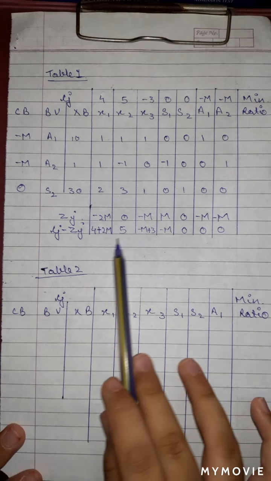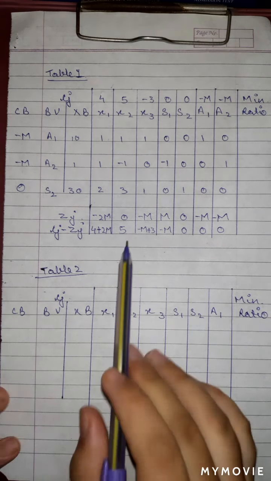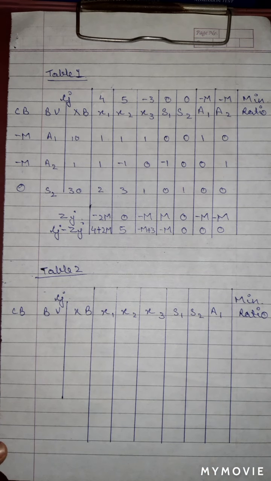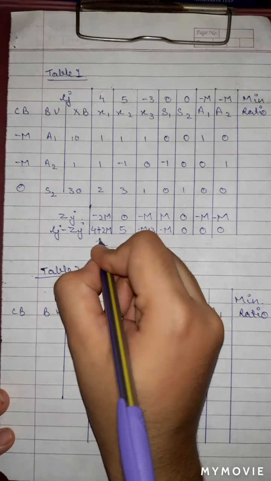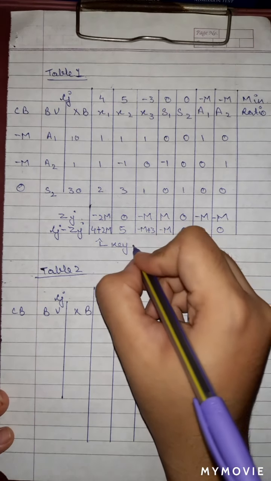Now the biggest value over here, we will be calculating the biggest value now. In simplex method we used to calculate the minimum value, but here we will be seeing the biggest. So this would be our key column.